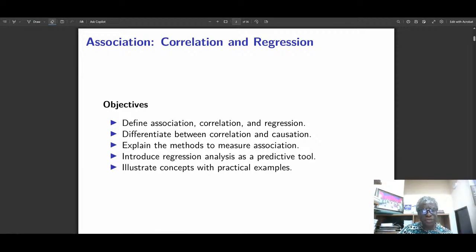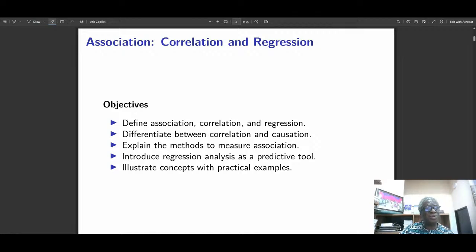So let's move straight into the objectives that we set for ourselves today. One, we will understand the concepts of association, correlation, and regression.